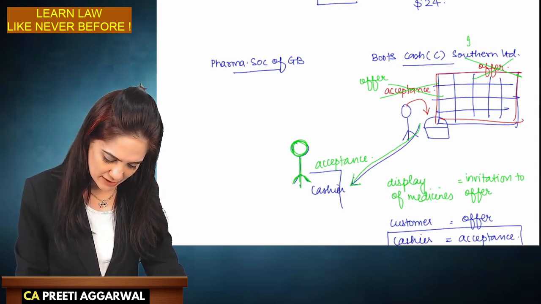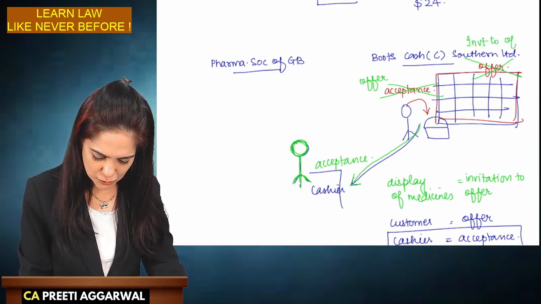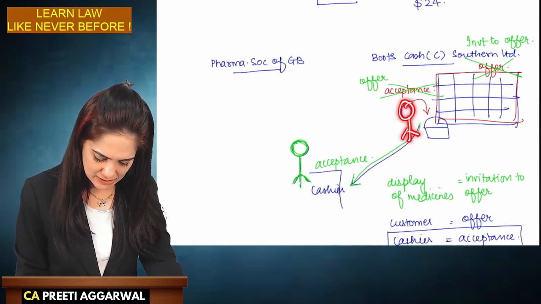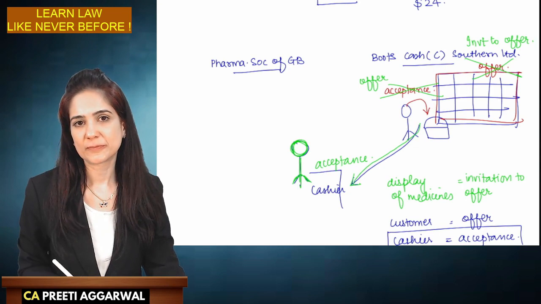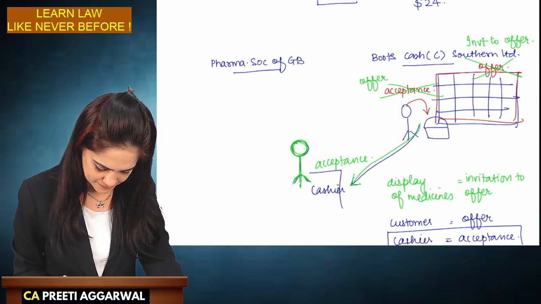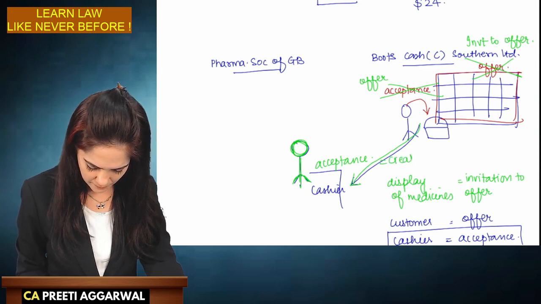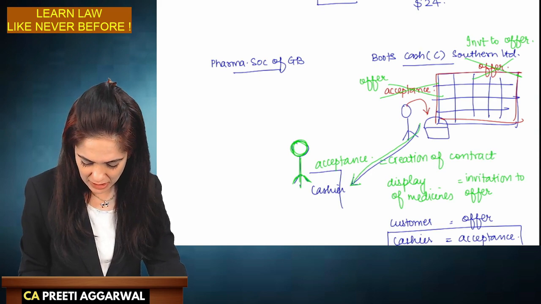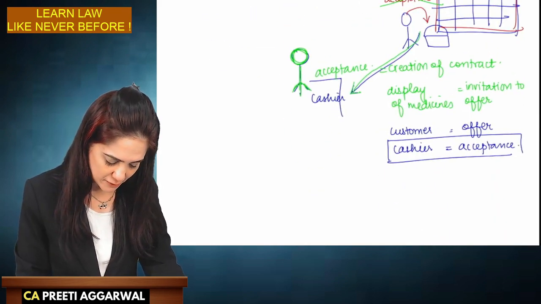So display is only invitation to offer. The customer puts the medicines in his basket, that is offer. The acceptance, the creation of contract, happens in the presence of a pharmacist.